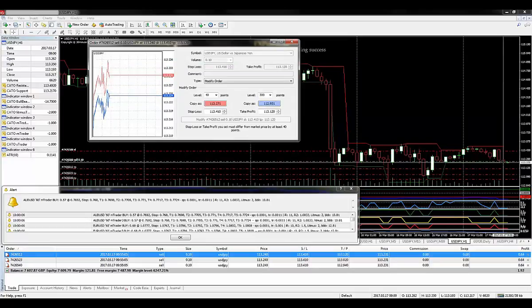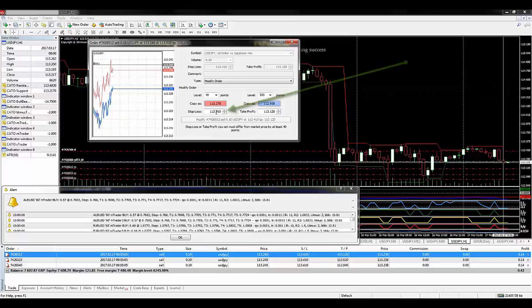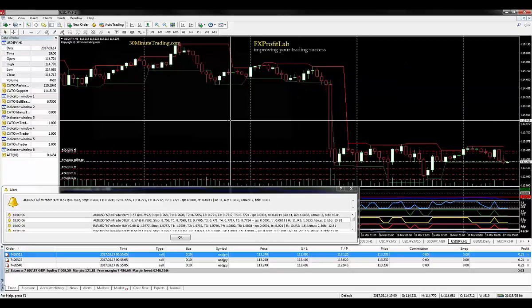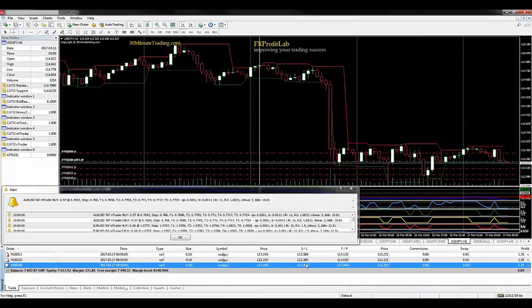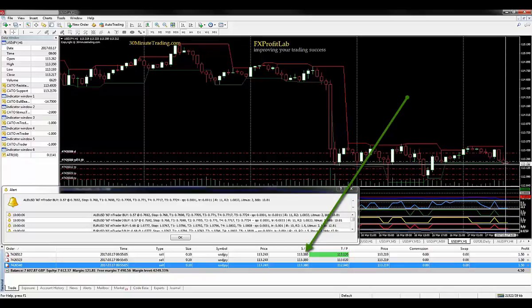So 113.38 is going to be my new stop. 113.38, and I'm going to do that with all of them. And there we are, they're all done. The targets are left as they are. We now just wait and see what happens.